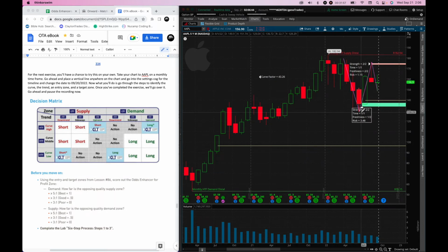If you're comfortable with using this as a high time frame demand distal line, I think that may be a good idea. I myself am not convinced that we'll ever see these low prices from Apple, at least not anytime soon. Again, we can see that price did get this low and was soon pushed back up. It came up to here, and then it started to come back down.